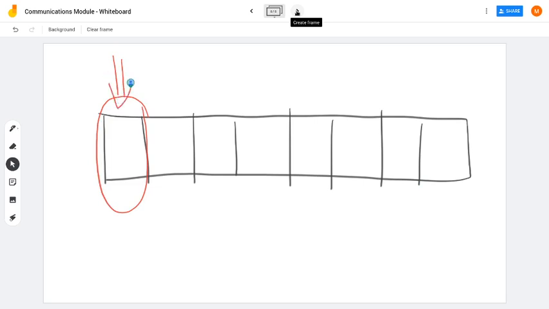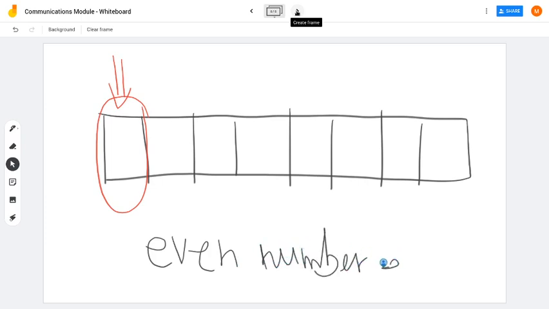So let's say we will agree that you will always send an even number of ones.